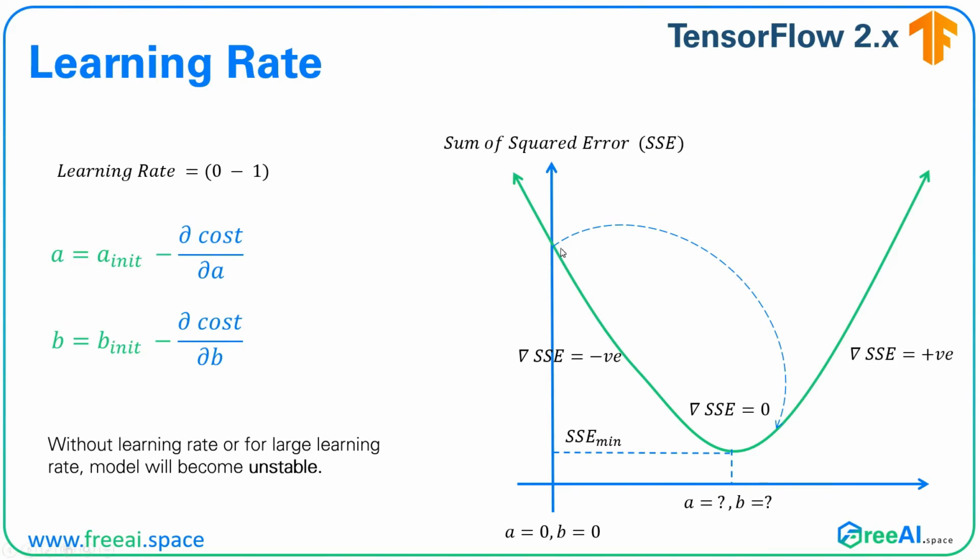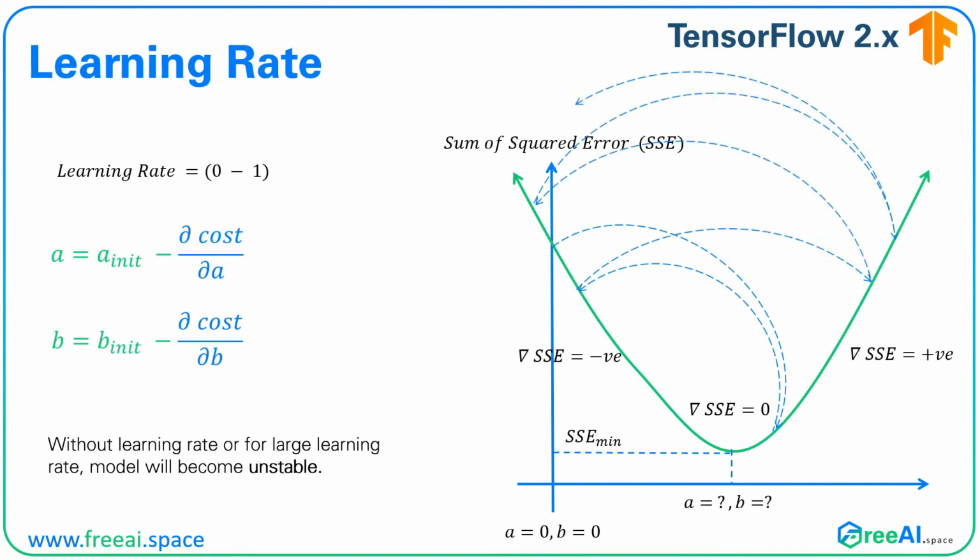Let's say initially we have larger jumps and we maybe settle somewhere around here, and the algorithm says, okay, your value is increasing, and if you substitute in this equation, maybe it moves into the negative slope region. From there it jumps again to the right-hand side, then left-hand side, and right-hand side and left-hand side, and your model will be highly unstable. You will never reach the equilibrium point without applying the learning rate.